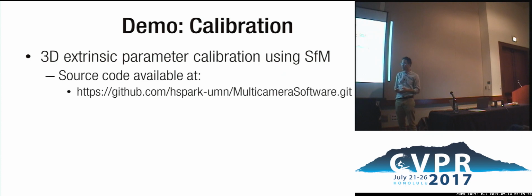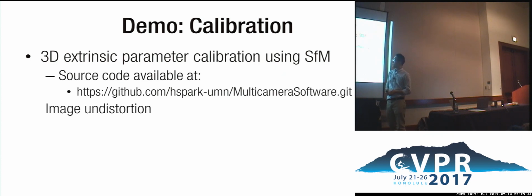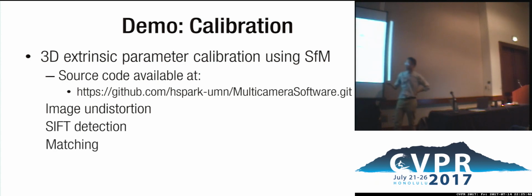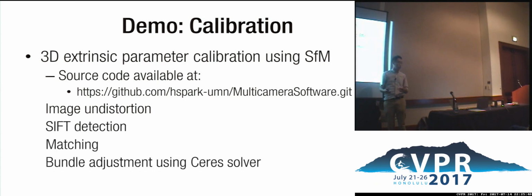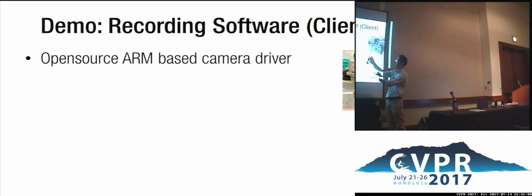Okay? And in terms of calibration of these cameras, we use a standard structure from motion. The code is available in our GitHub. It runs image undistortion, SIFT detection, matching, and bundle adjustment using a set of solvers. Okay? And this is one example of the 3D extrinsic calibration for this system. And for the client side, we use an open source ARM driver, the camera driver that can grab the images from the camera.